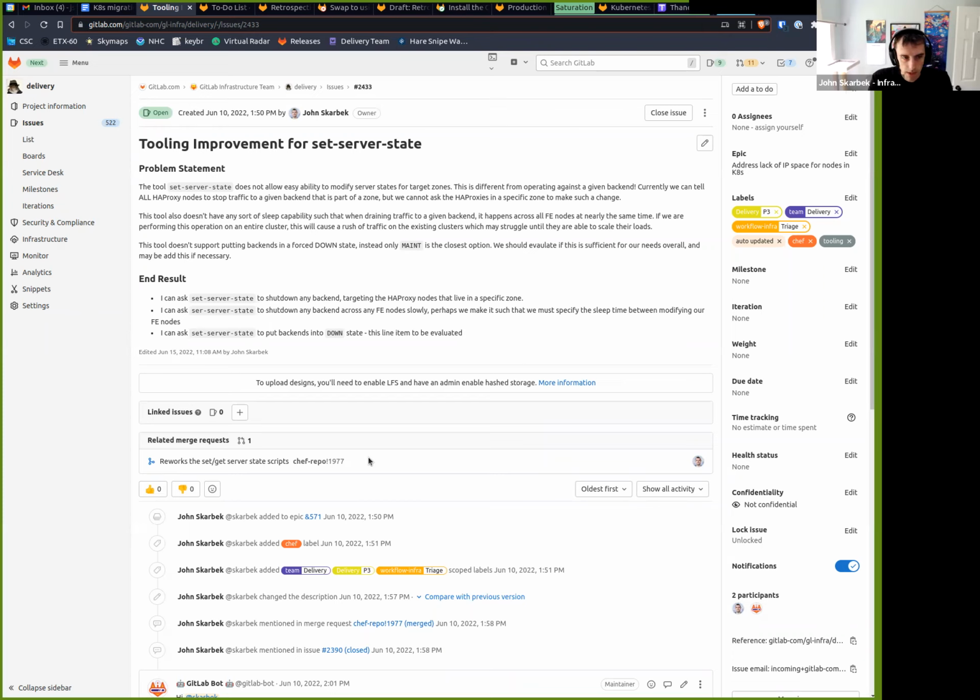So I'm thinking of adding some sort of sleep that enables that traffic to slowly get rotated, whether that be touching a single server, sleeping for a few seconds and going to touch the next server. I'm not sure how to implement that just yet, but it is something I want to look into.